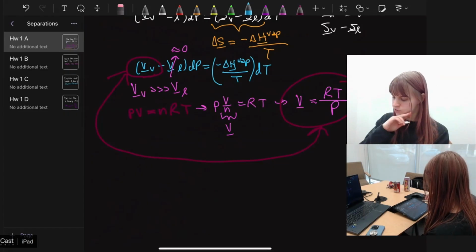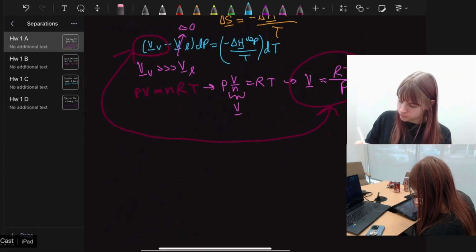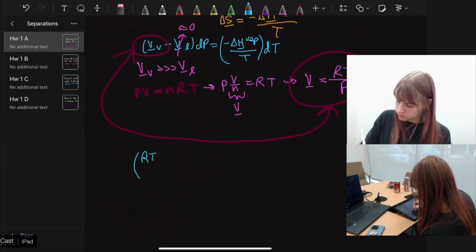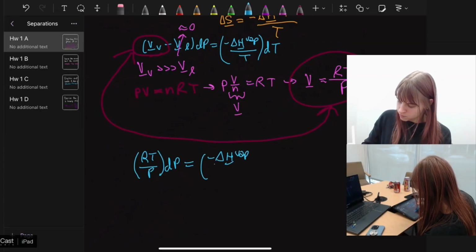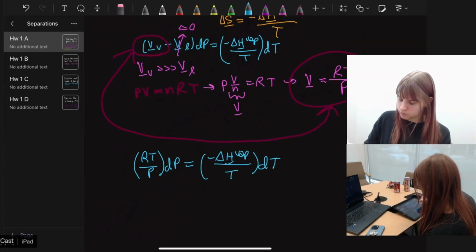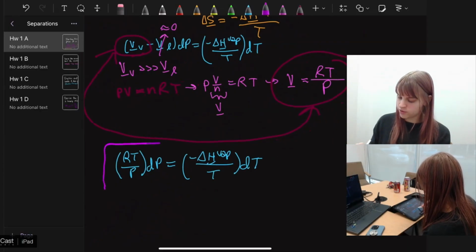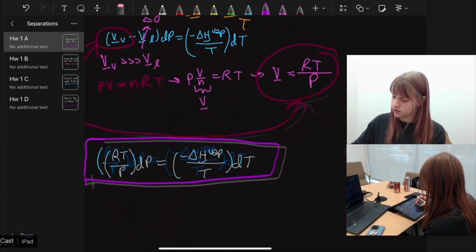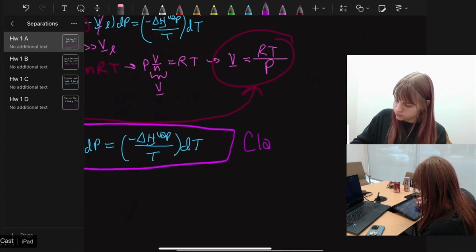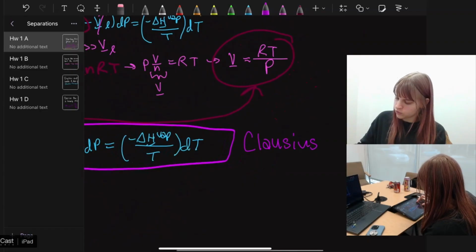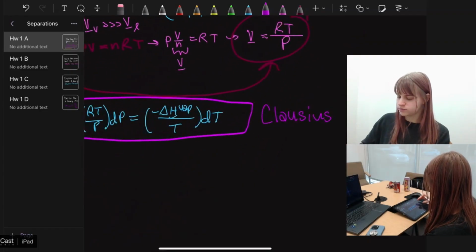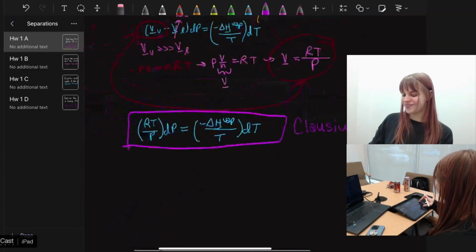So I'm going to go ahead and do that really quick. This equation that I just wrote out is the Clausius equation, or the Clausius formula, whichever you want to call it.